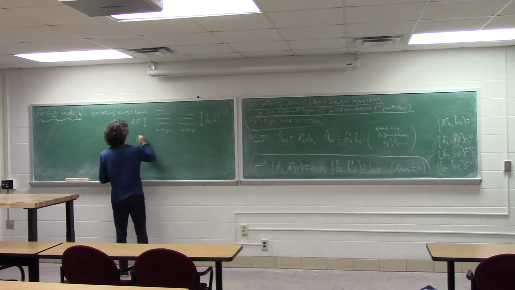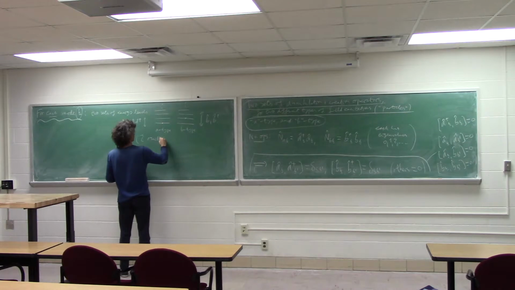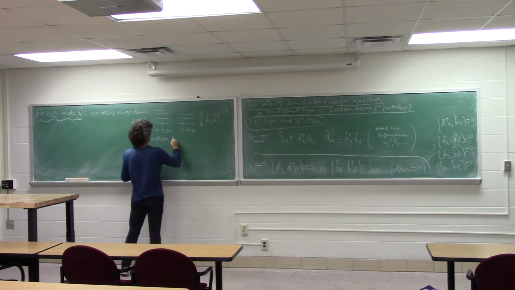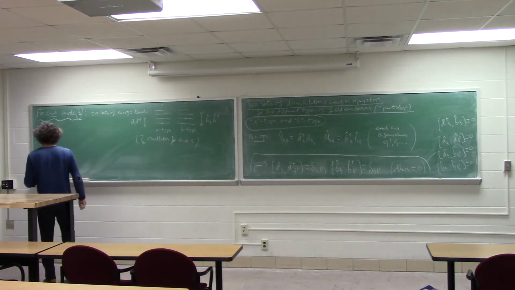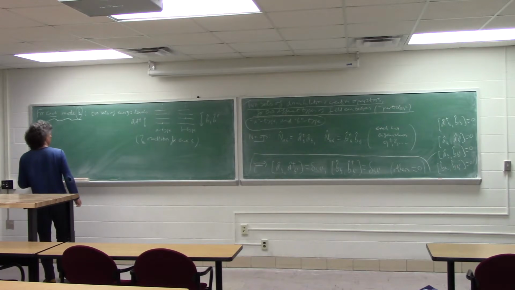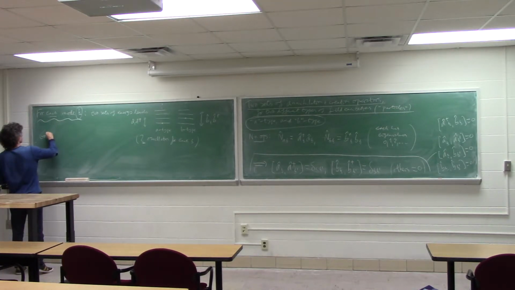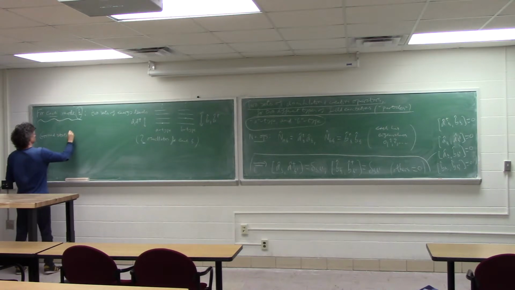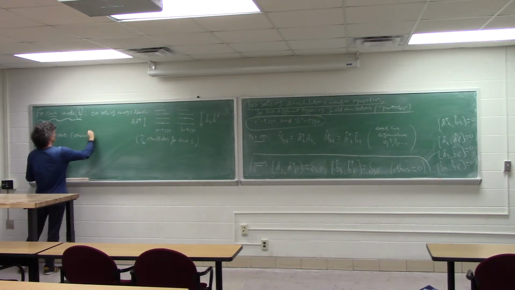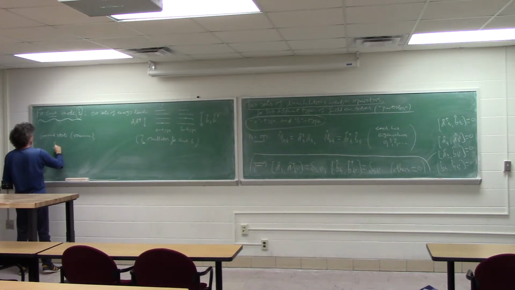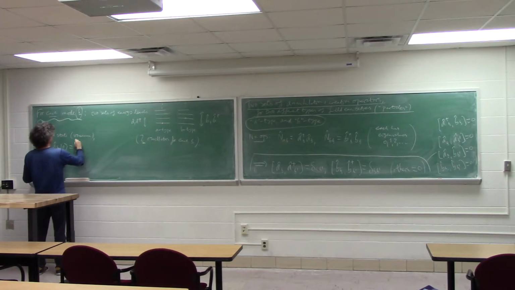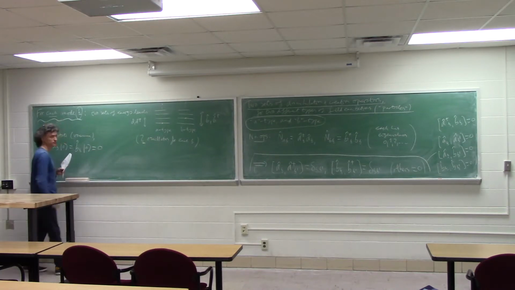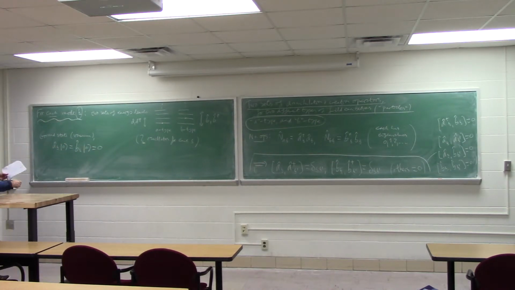So two oscillators for each k. The vacuum, the ground state, is now defined by the annihilation operators for both types of particle annihilating the state.